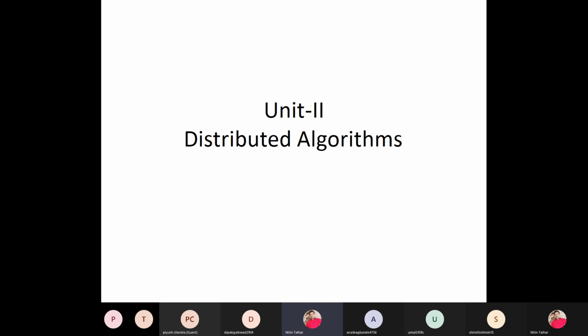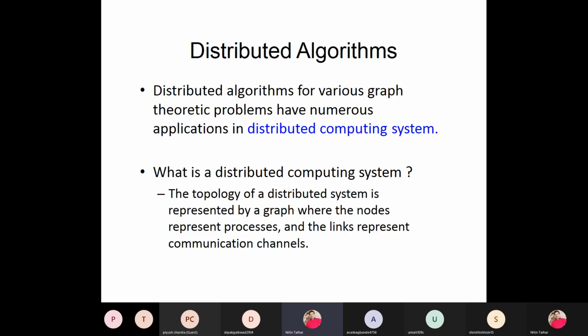Now in unit number 2 we will see what the distributed algorithms are that take part in distributed applications. First of all, you have the knowledge, you have studied graphs in data structures. Similarly in TOC you have that study.